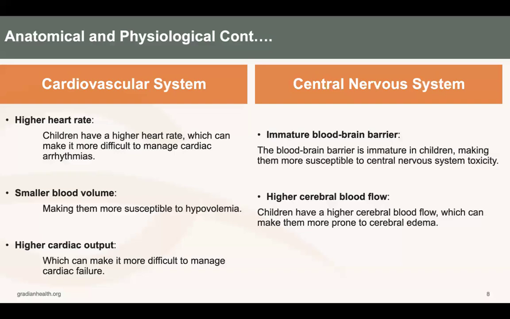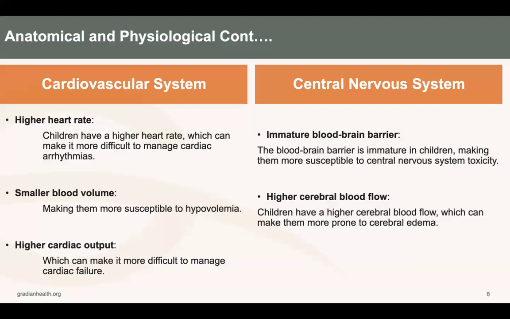Now this blood-brain barrier, of course, doesn't offer total protection. It will allow certain things to pass through. But in children, the amount of things that can go through is quite more, if I can put it that way, as compared to adults.